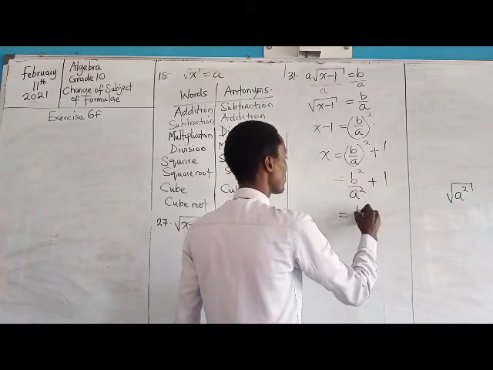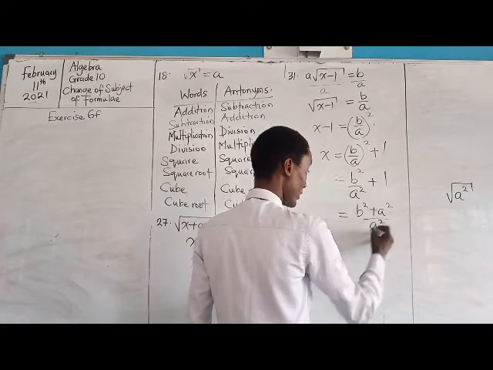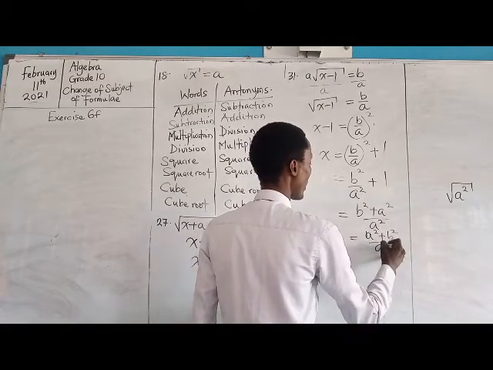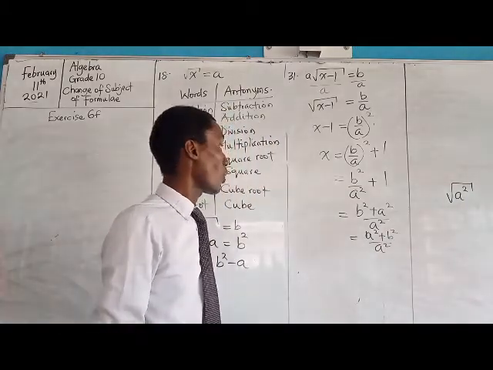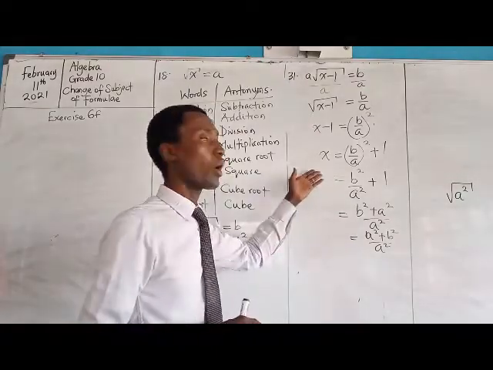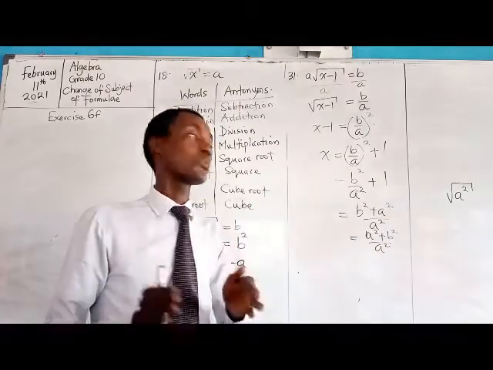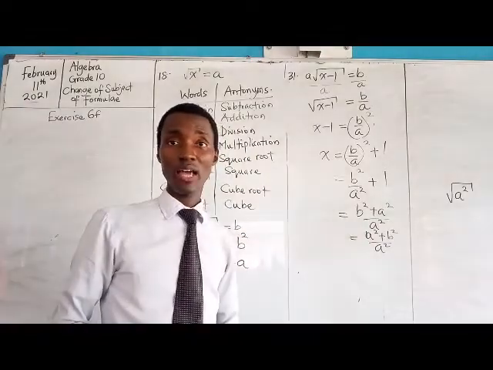Somebody else can go on to see this as b squared plus a squared over a squared, which is a squared plus b squared over a squared. But that's not our focus for this course. Once you can get to this point, the next thing you need to look at is what is the examiner's option if it's an OBJ exam? What's the option that is close to that? And that takes care of that problem.